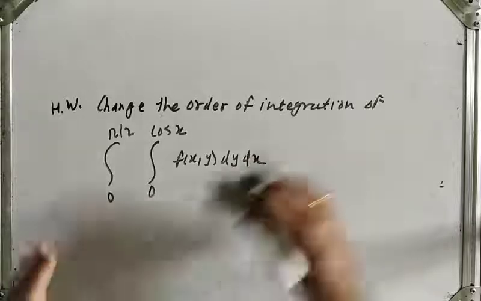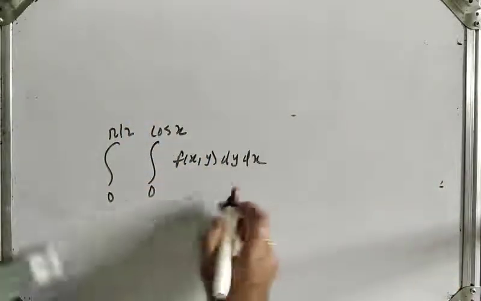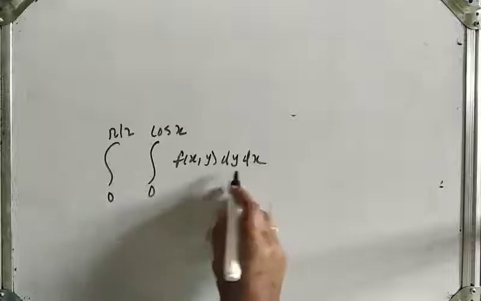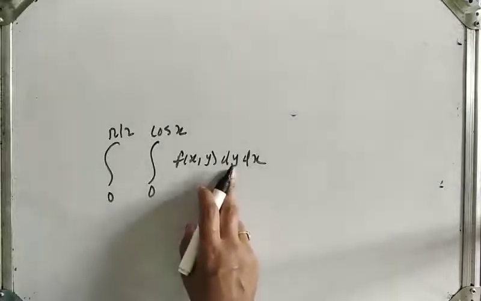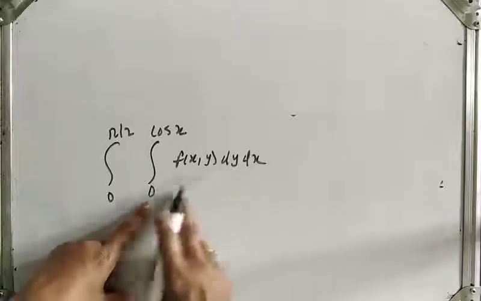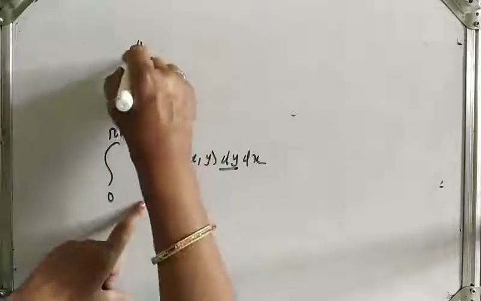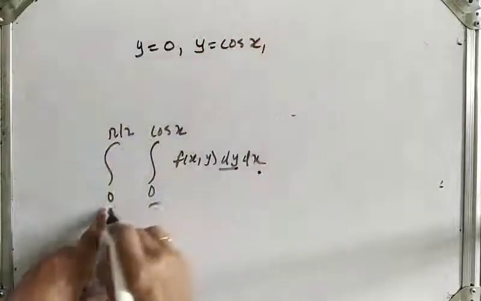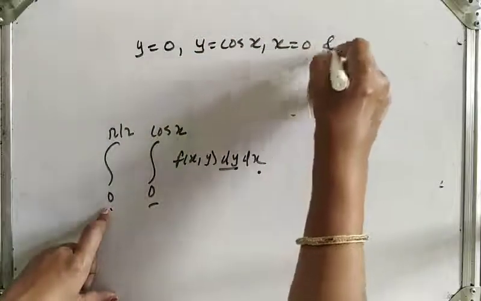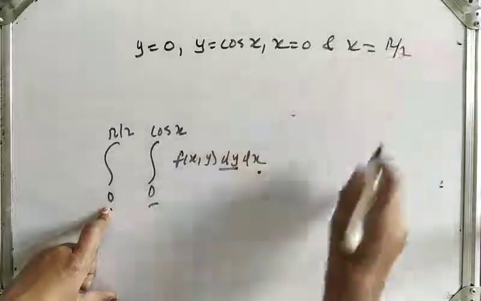We have to change its order, means we have to integrate with respect to x, then with respect to y. So first we plot the graph. What is the region? D is bounded by what? y is equal to 0, y is equal to cos x, then x is equal to 0 and x is equal to pi by 2.